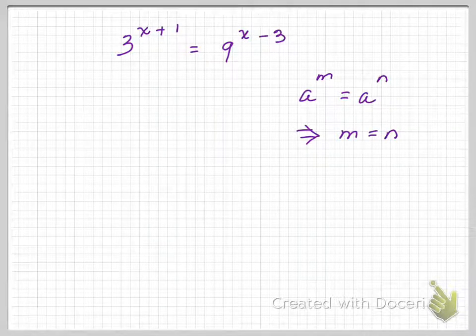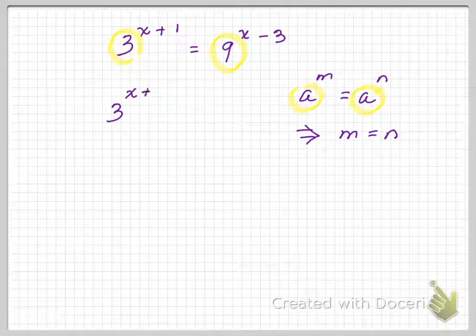Now that's a lot, but basically it says as long as the bases match, as long as they're the same, we can set the exponents m and n equal to one another. Now you'll notice here that the bases don't match. We don't have a and a, but we can make them in that form by just converting 9 into 3 squared.